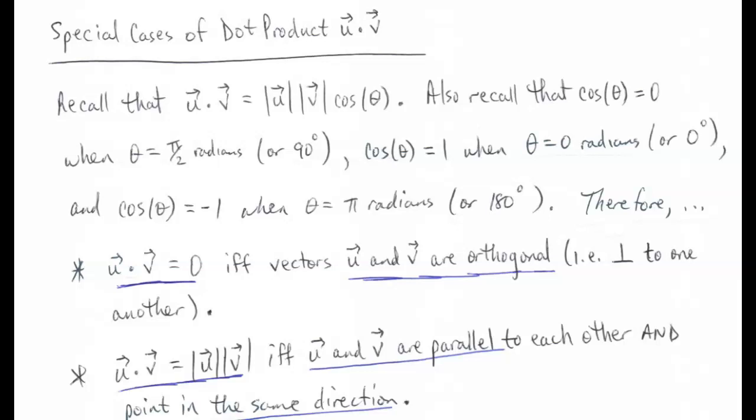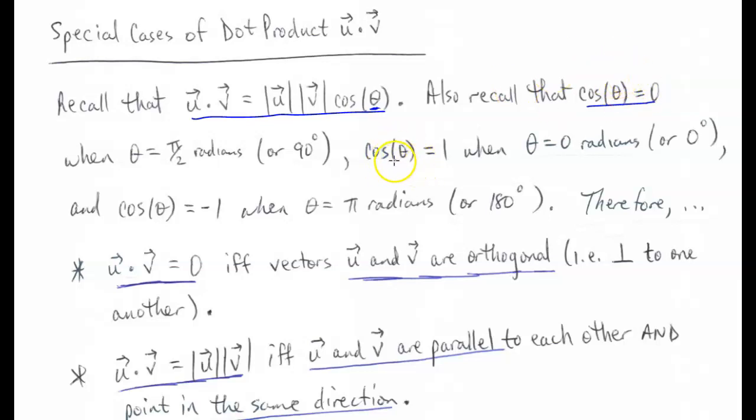Okay. So here, all I'm doing is saying the same thing, and I'm just getting more descriptive, because we know that if this angle theta for u dot v is exactly 90 degrees, then of course cosine of theta is going to be 0. So the dot product will end up being 0.